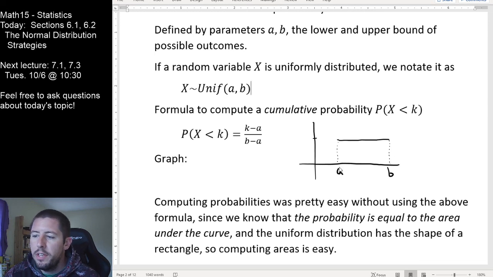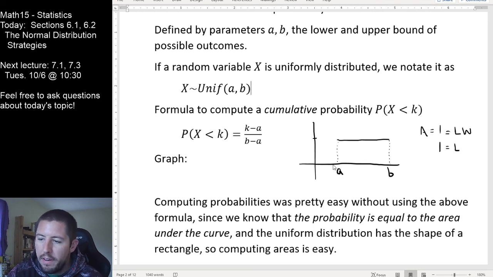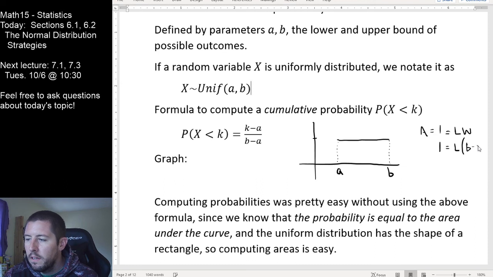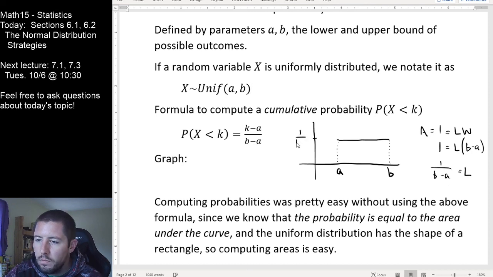Well, I know the total area is 1, and that should be our length times our width. The width of this rectangle is all the length of B, except we don't have any width associated with A, right? So B minus A would be our width here. And so we can see that this height should be 1 over B minus A. That should be our height right there.